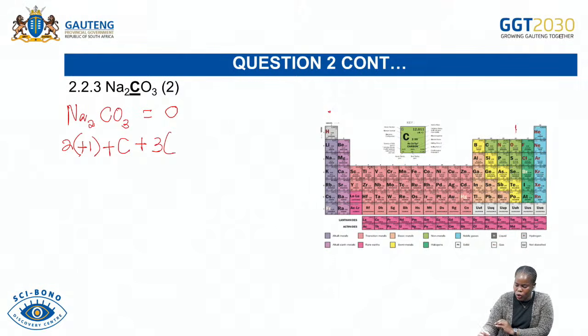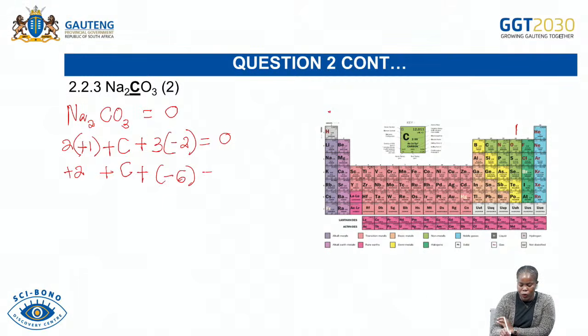Oxygen is a minus 2, equal to 0. Now 2 times 1 gives me a positive 2, plus carbon, plus 3 times negative 2, which is negative 6, equal to 0.